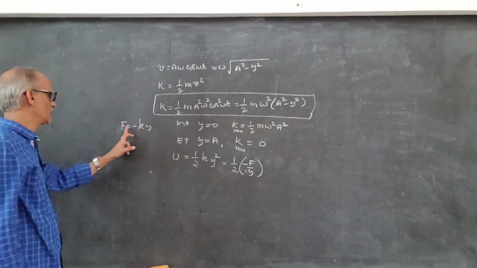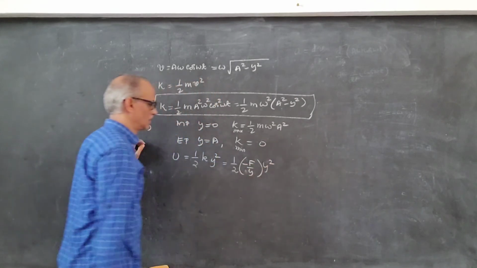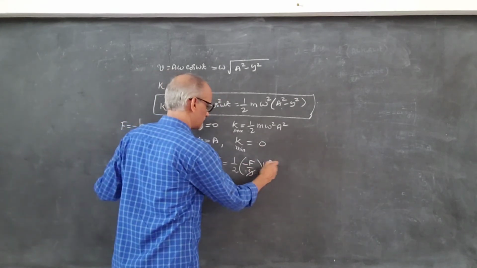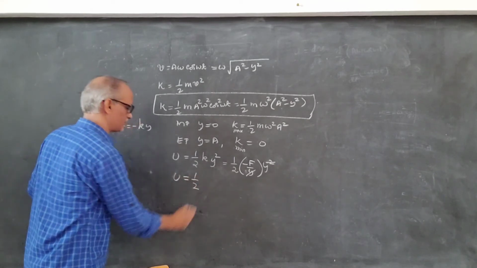So k is equal to minus F by y into y. So one of the y will get cancelled here.